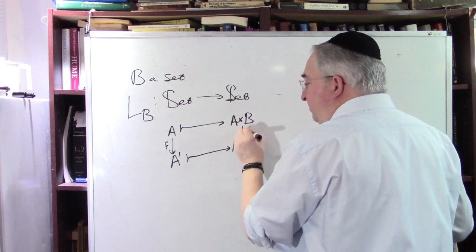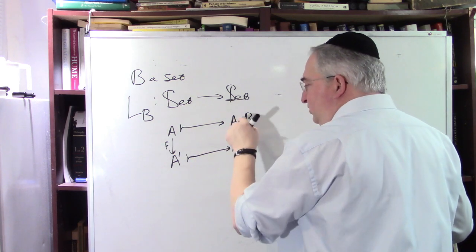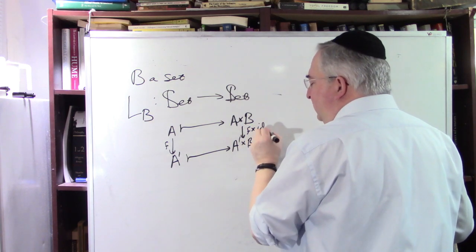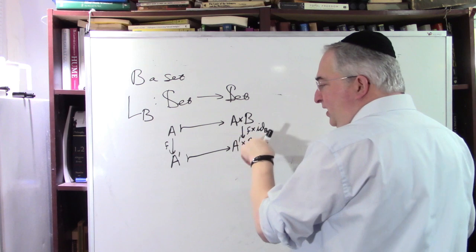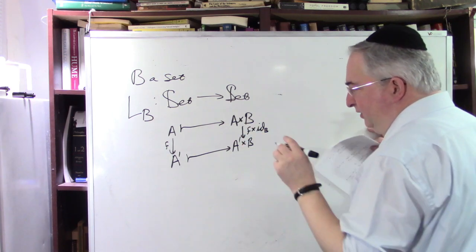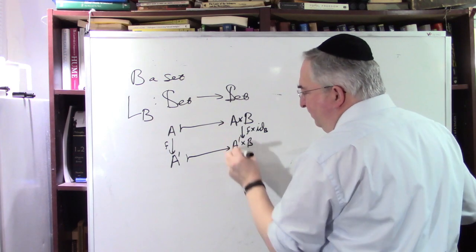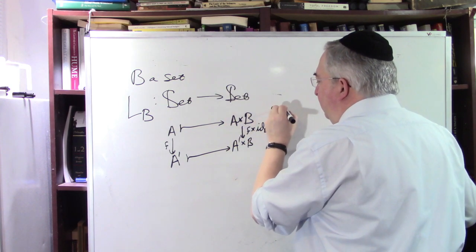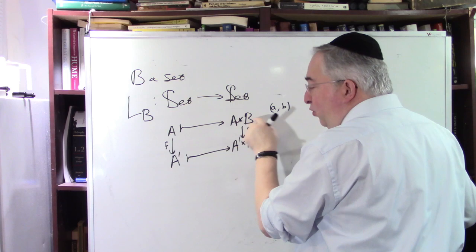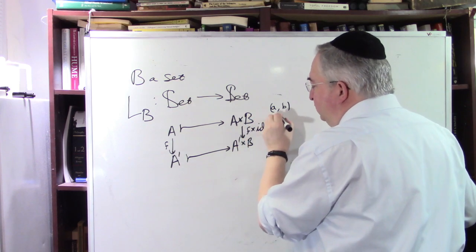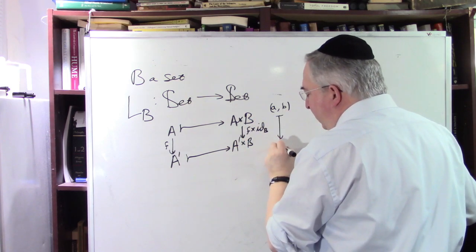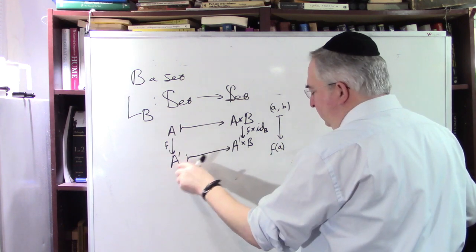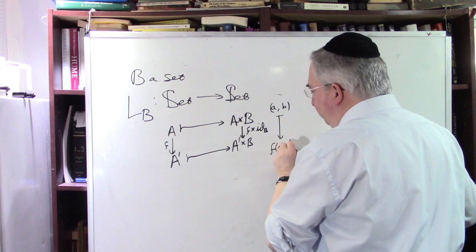It'll be the morphism f cross the identity on B. Now this is going to take a little time to think about. For example, you have a little element here called little a comma little b. That's an ordered pair, and it's going to go to f of a, that's a little element in A prime, comma b.